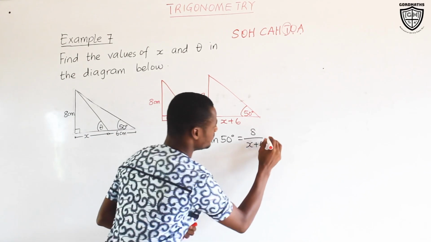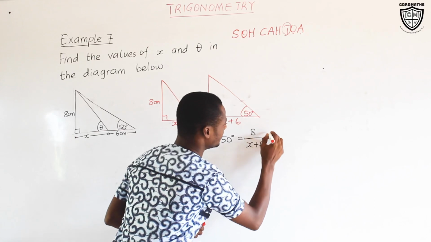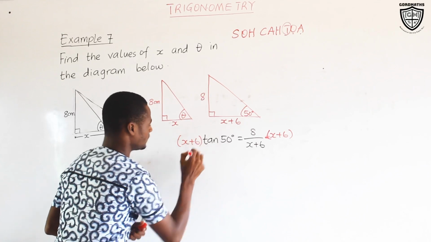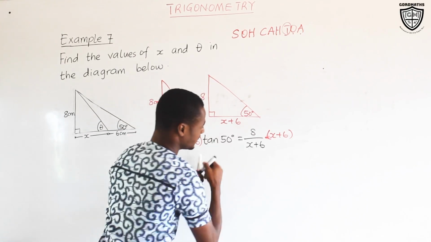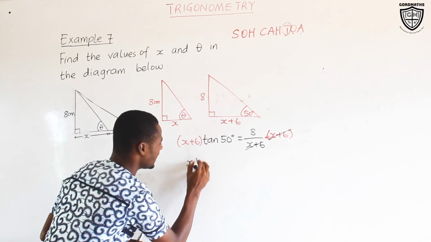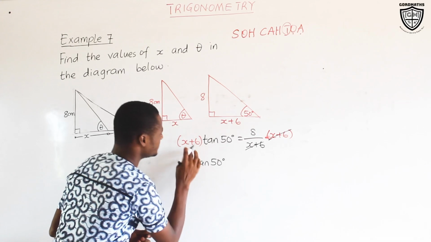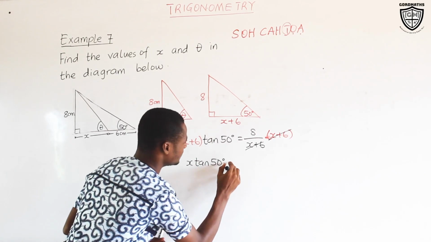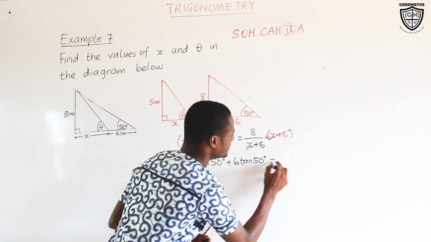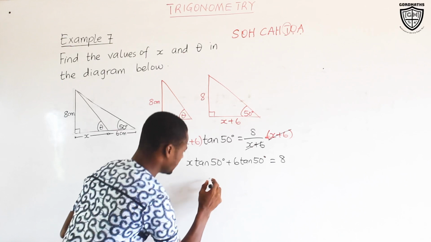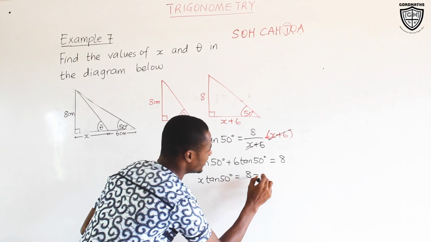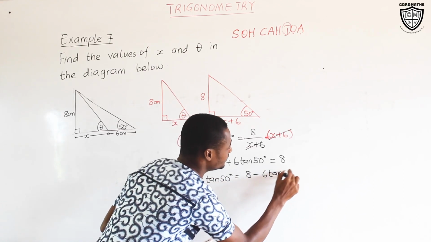Referring to our lesson on equations, we multiply through by x plus 6, where x plus 6 cancel out. So we will have x tan 50 degrees, that is expanding this bracket, plus 6 tan 50 degrees, and that is equal to 8. Grouping like terms, we will have x tan 50 is equal to 8 minus 6 tan 50 degrees.